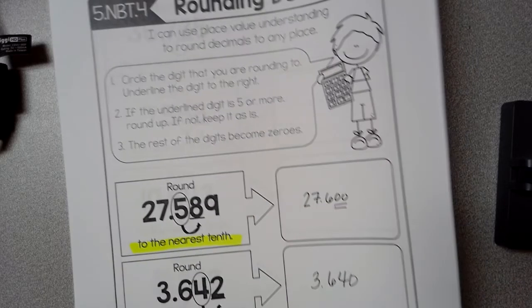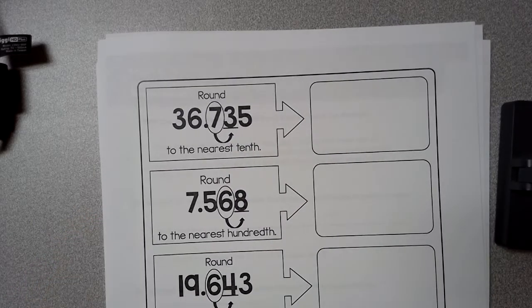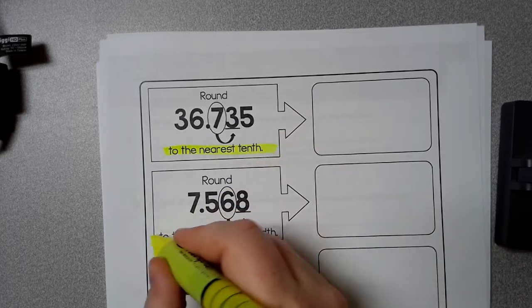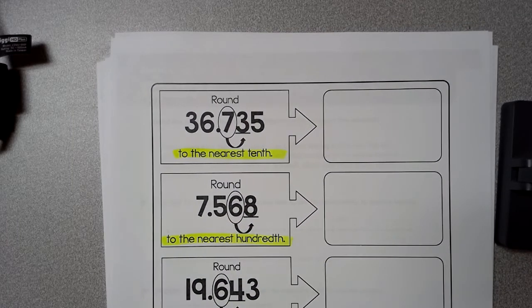Okay. Same thing here again. We are going to go to the nearest tenth, hundredth, tenth, whole number. I just highlight it so I know what I'm doing. You don't have to. All right, 36 and 735 thousandths.